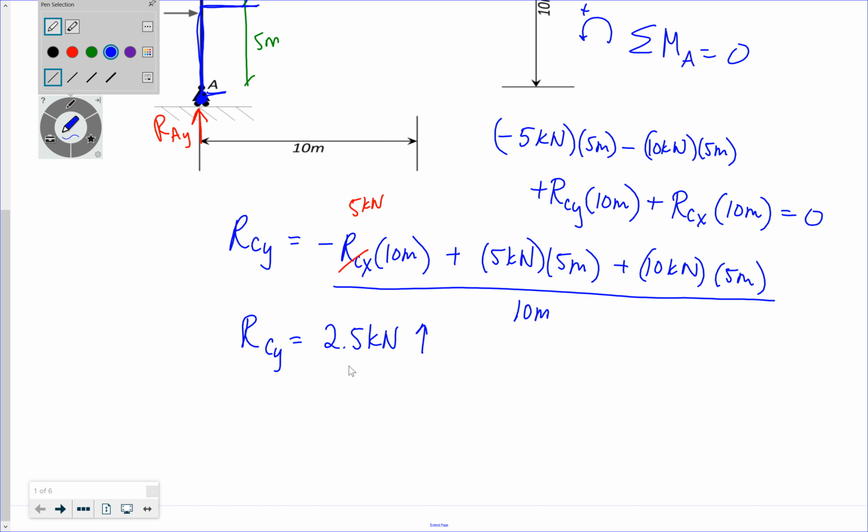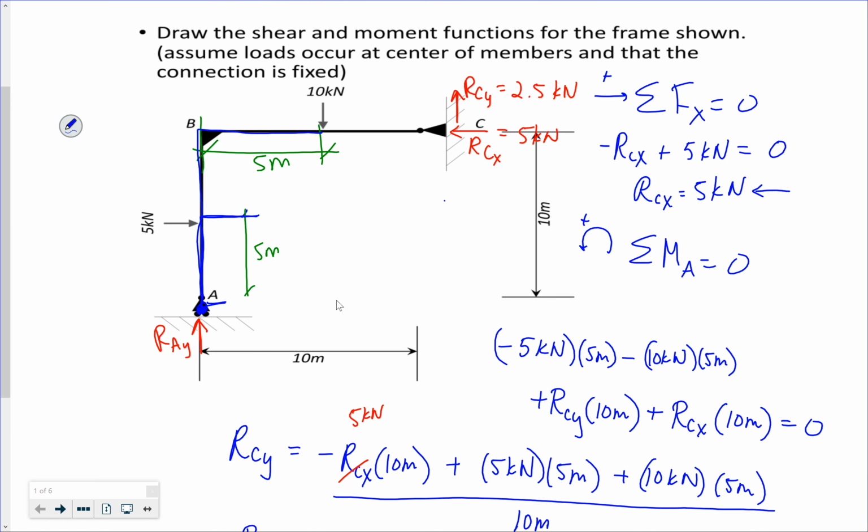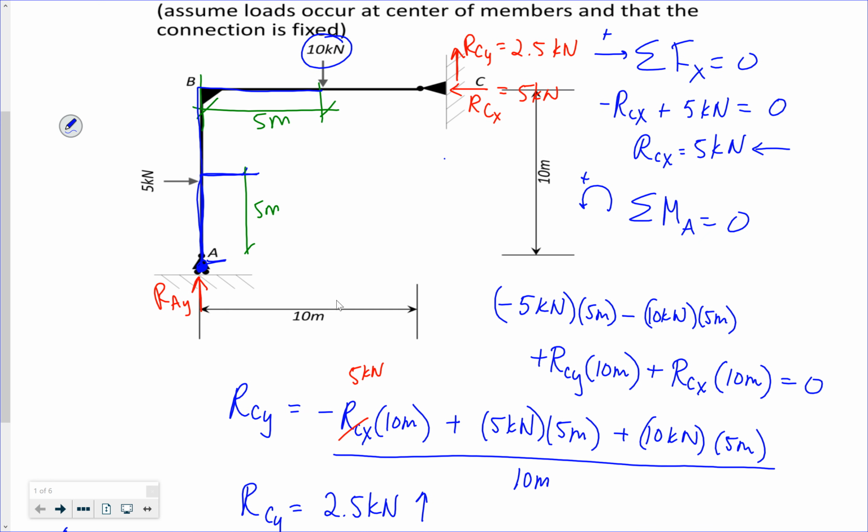So now if I do the sum of the forces in the y direction, I have RAY acting up plus RCY acting up, and the only other vertical force is my 10 kilonewton applied load.